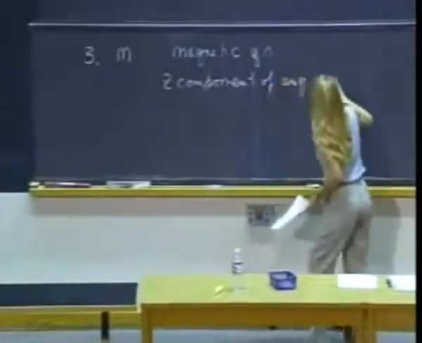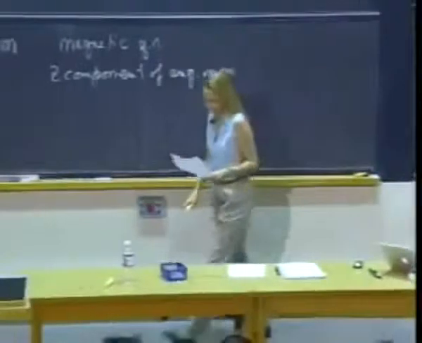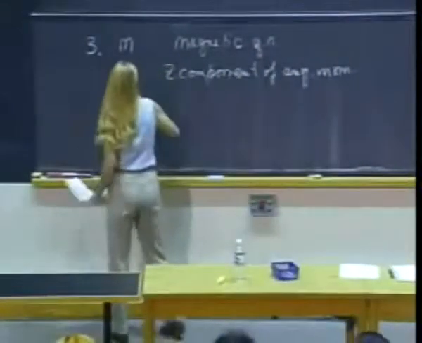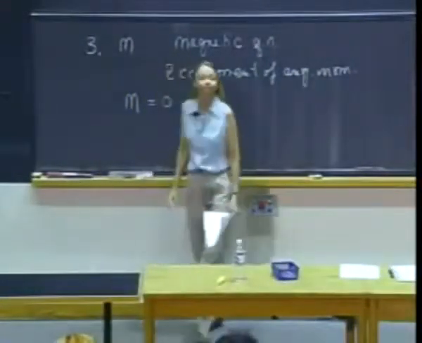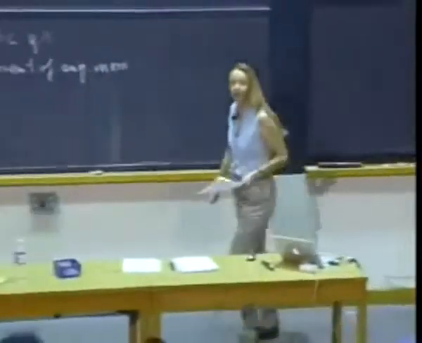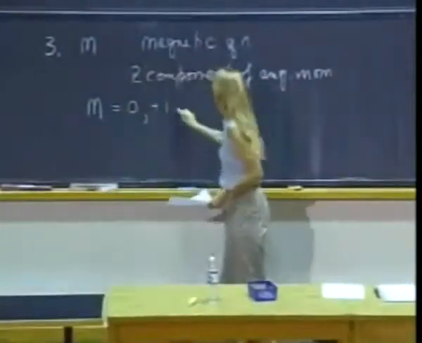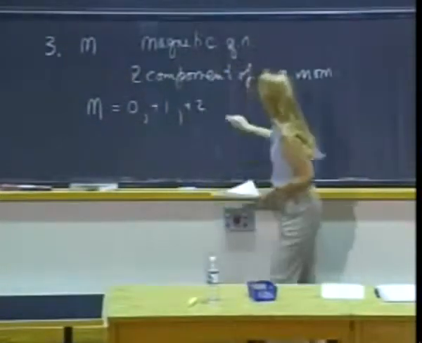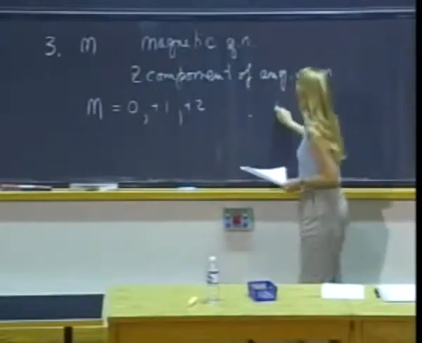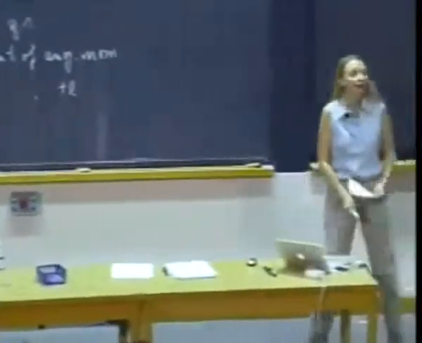And its allowed values are the following: m equals 0. Just like L, it can have a value of 0. Plus 1, plus 2, all the way up to plus L. So, hey, look at this.